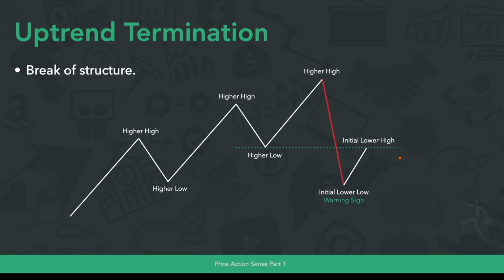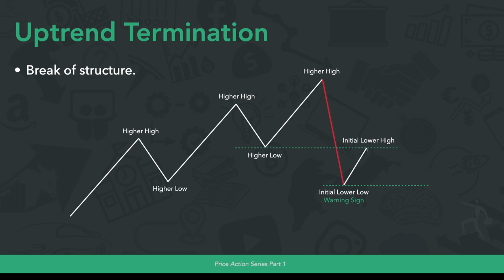Okay? So, at this point, hindi pa natin alam kung lower high nga ba talaga to. Right? Kasi pwede pa siyang umakyat, ma-break tong level na to, magkaroon ulit tayo ng higher high. Okay? So, hindi pa natin alam. So, mako-confirm lang natin na initial lower high na to once we break this previous initial lower low.